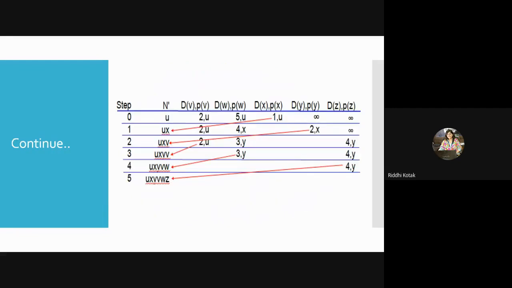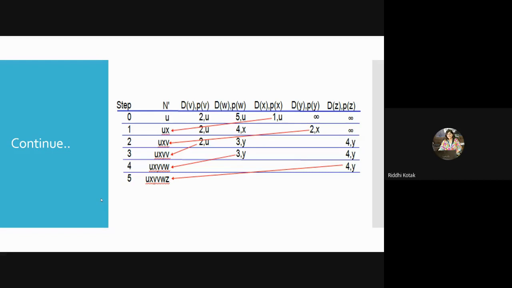Write down step number 0 only for the given graph. And the minimum one is 1 comma U.